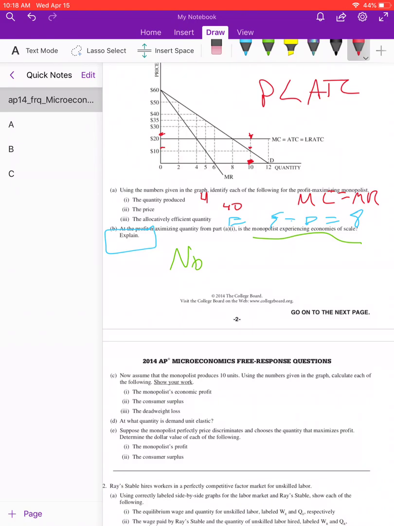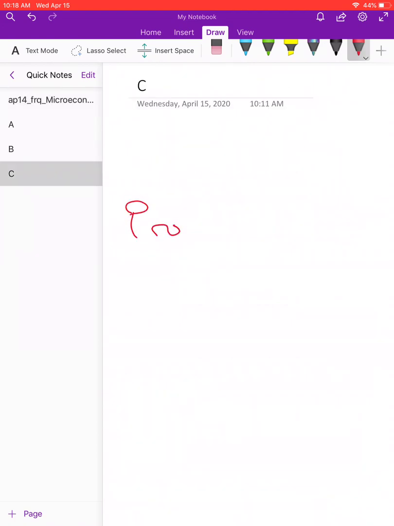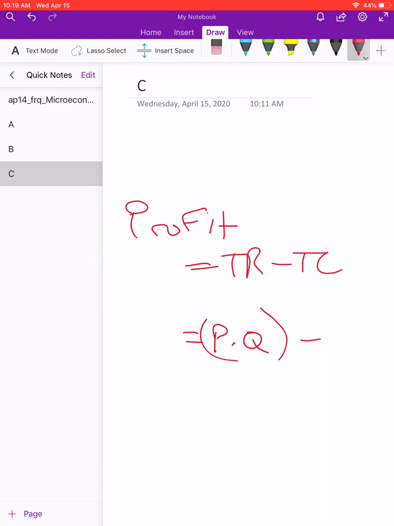And so to calculate profit, remember the rules here, profit equals total revenue minus total cost. And so we have to calculate all that stuff. And total revenue, of course, is price times quantity, minus, in this case, it'd be average total cost times quantity. And so let's go look at what those numbers are, price and quantity.